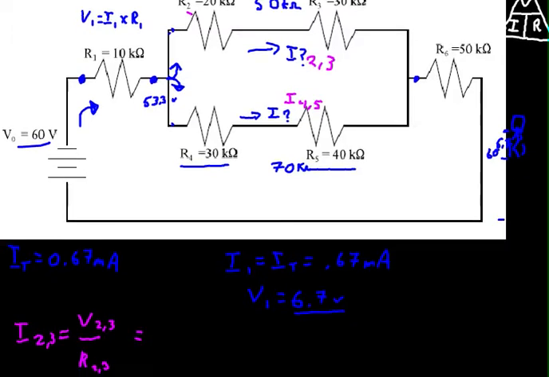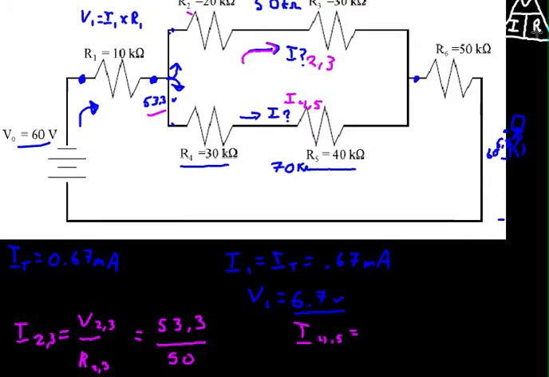The V is going to be the same for both of them. So 53.3, and R2 plus R3 is 50. And you'll plug that into your calculator, and you'll get something in milliamps telling you how much current is going in this direction.